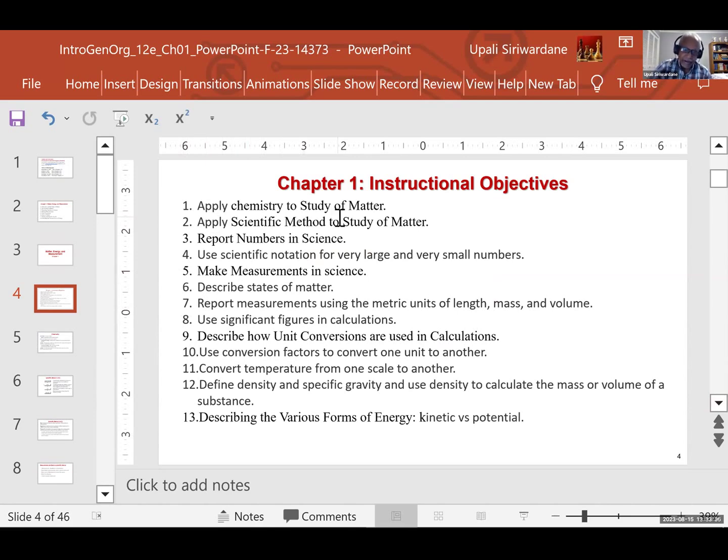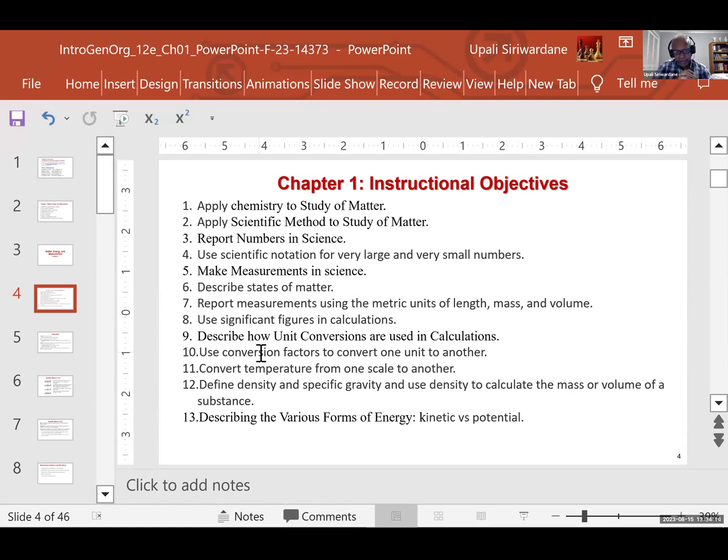I outline here the use of numbers in science: make a measurement, describe states of matter, report measurements using metric units for length, mass, and volume, and understand significant figures in a measurement.